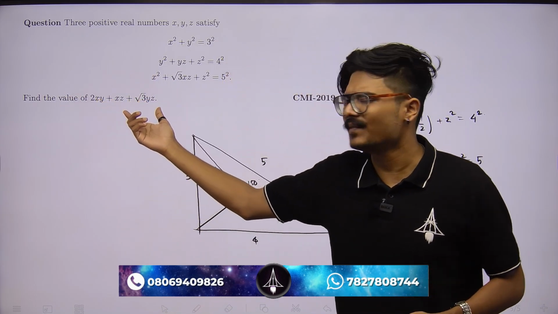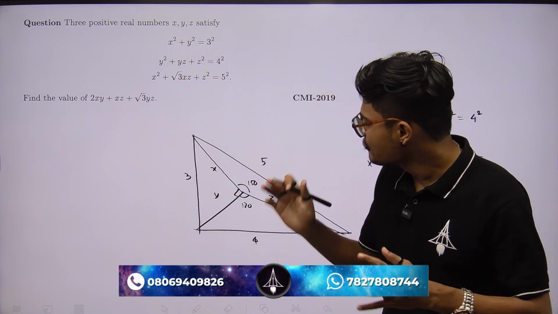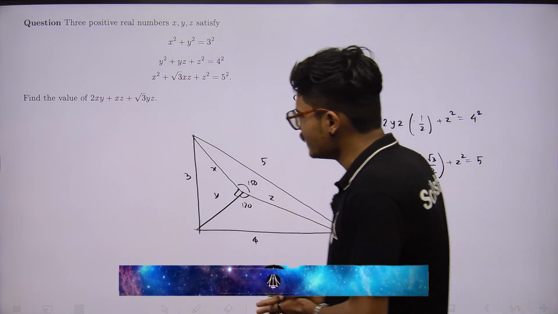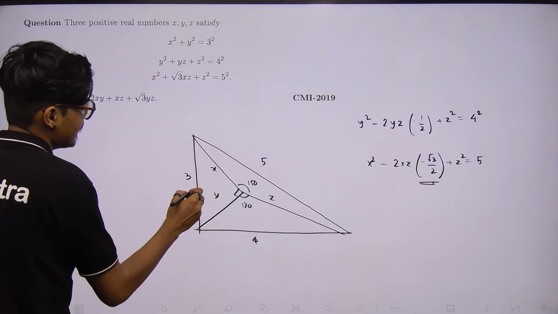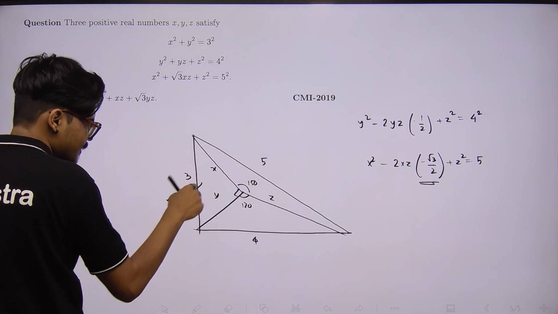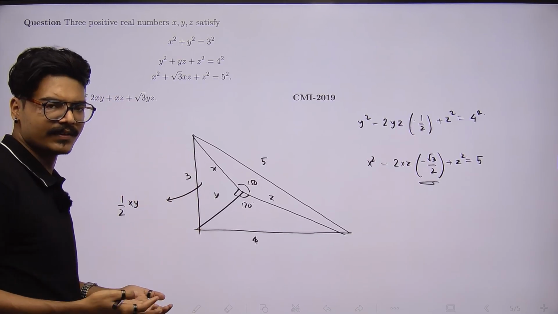Now this is a very weird expression. We can't really relate it with any of the equations given to us. But since we used the cosine rule in this problem, it's only fair that we also think about the sine rule. So using the sine rule, I can say that the area of this first triangle is going to be half times xy, or just the standard formula for a right angle triangle.